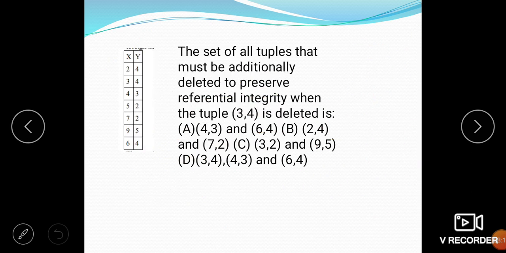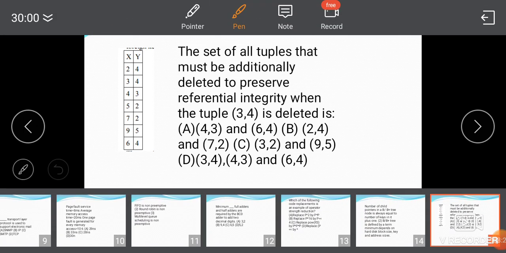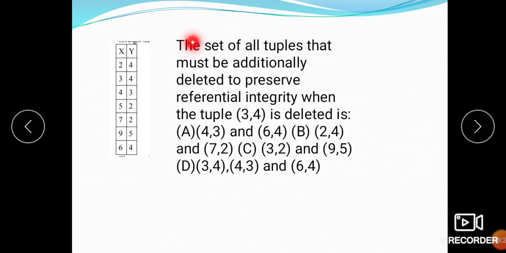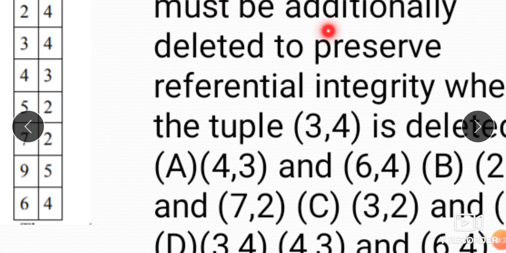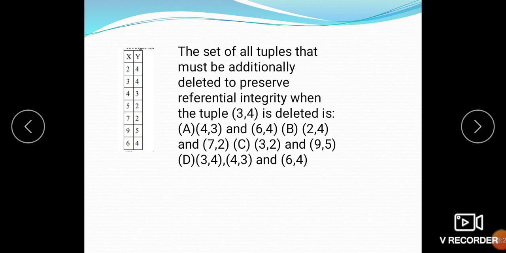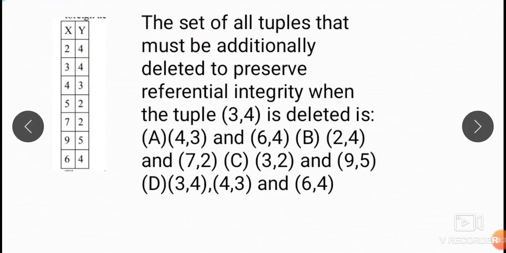Now next is finding this. When you delete 3 4, 3 4 is given and deleted, and then you can see here that 3 4 is deleted. So 3 is the primary key.